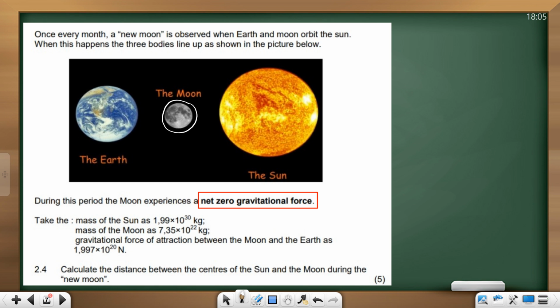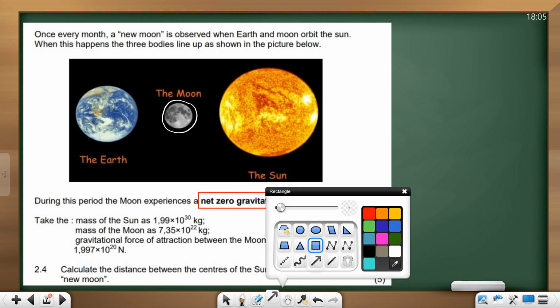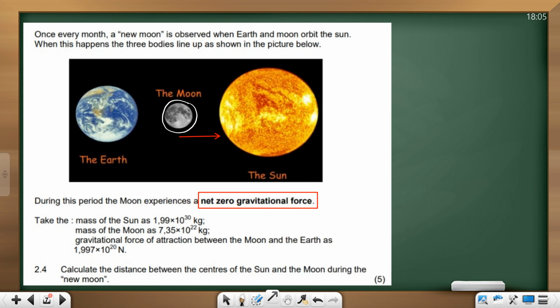Now, remember, there is a force of attraction between all these objects. So the moon is being pulled towards the sun, but the moon as well is being pulled towards the earth. So let's call this F of the earth, and let's call this F of the sun. But it says the moon experiences a net gravitational force, which means F net on the moon is equal to 0.